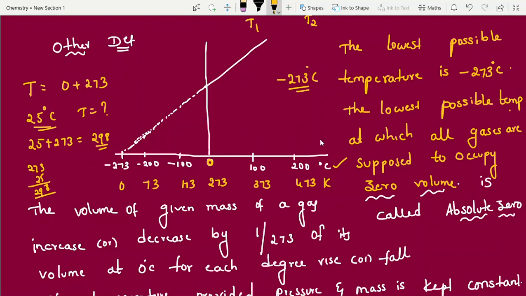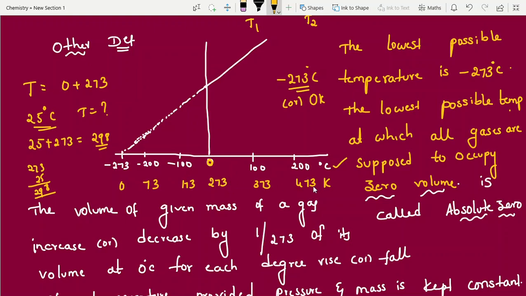That temperature, where volume becomes 0, we call absolute temperature. And what is absolute temperature, students? It is the temperature of minus 273 degrees centigrade, or 0 Kelvin.